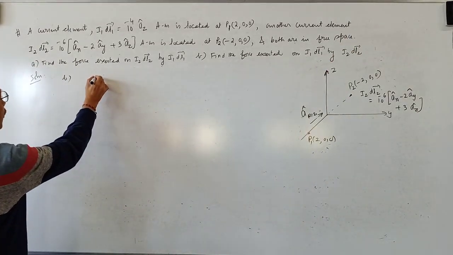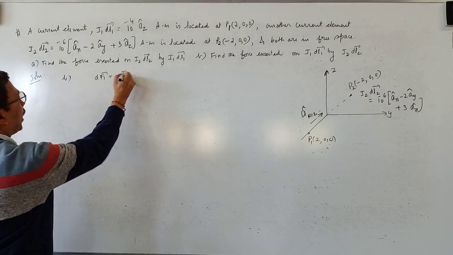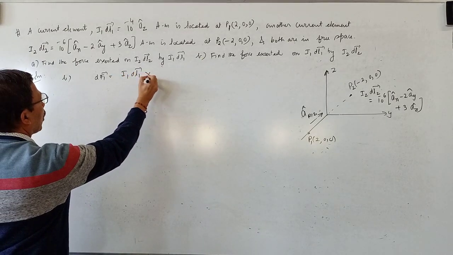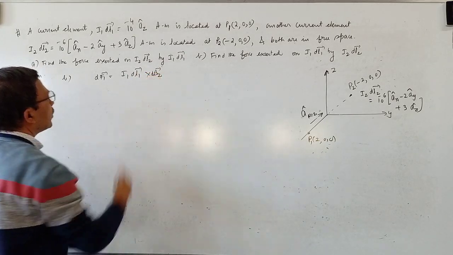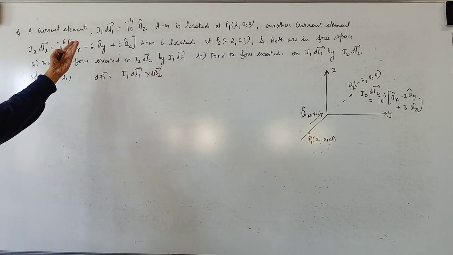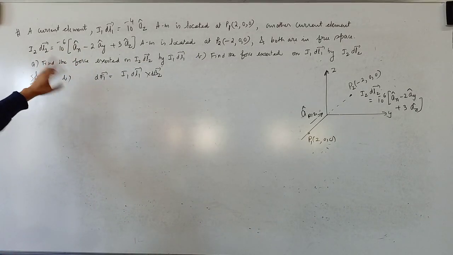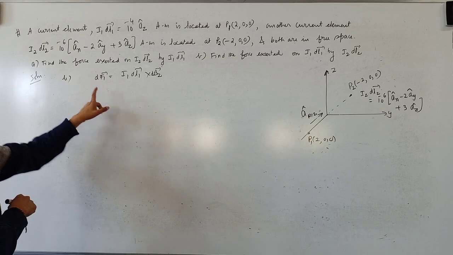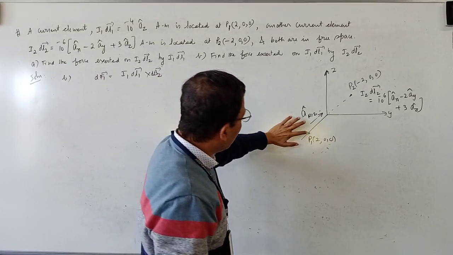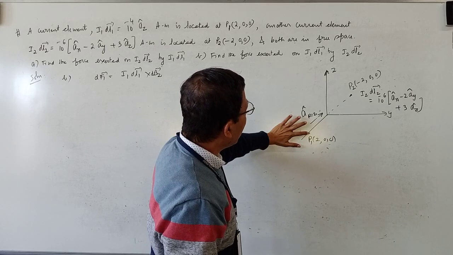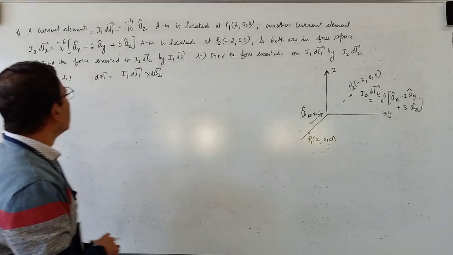What is vector df1? Vector df1 is equal to I1 vector dl1 cross vector dB2. Interchange suffix 1 and 2 of part A. In part A, if you interchange the subscripts 1 and 2, you get this expression. This is the force experienced by the current element here due to the magnetic field produced by the current element at P2.